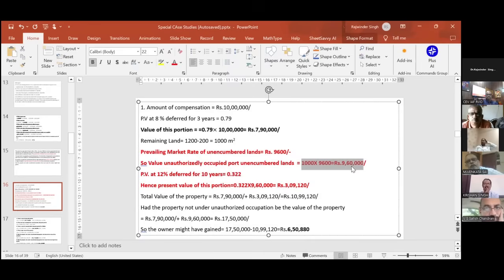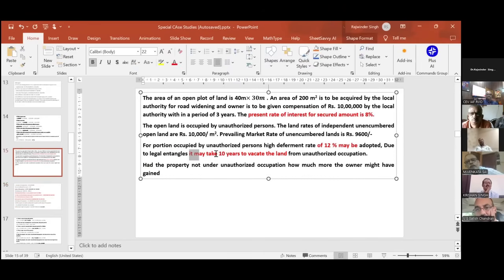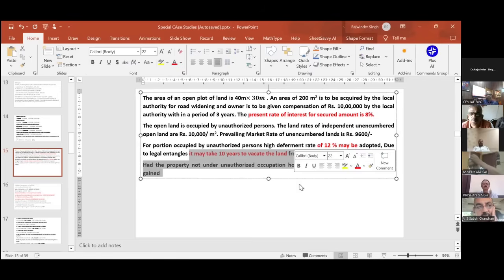But what is given to you? That it may take 10 years to vacate the land. So he will be able to get this amount only after that. We assume that it will take at least 10 years as given in the question.